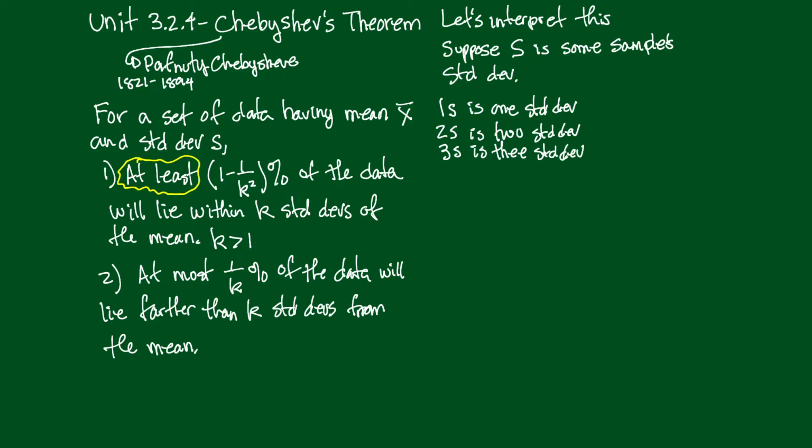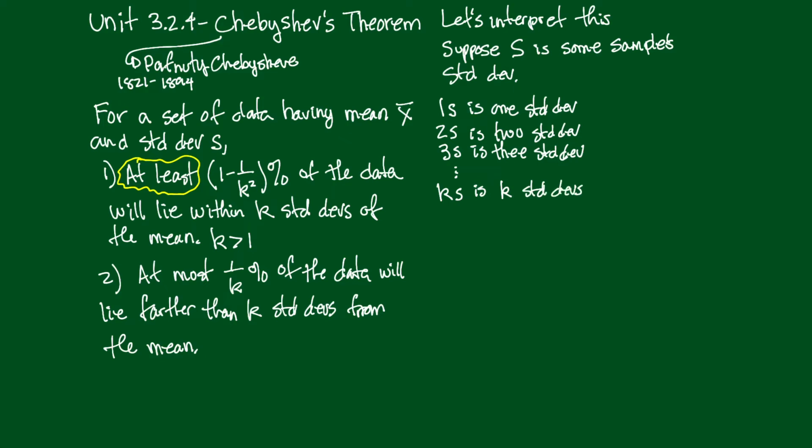Now, this is just like what you did in algebra with x. If you had just an x, that's 1x. If you have 2x, that means x appears twice, 2 times x. If you have 3x, it means x appears 3 times. What if you had ks? That is k standard deviations.